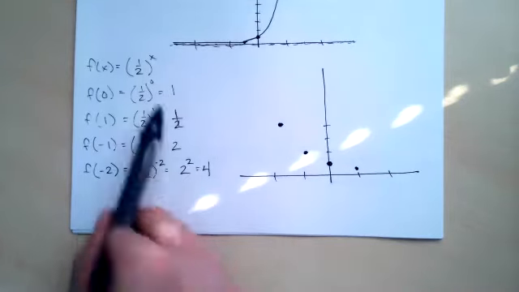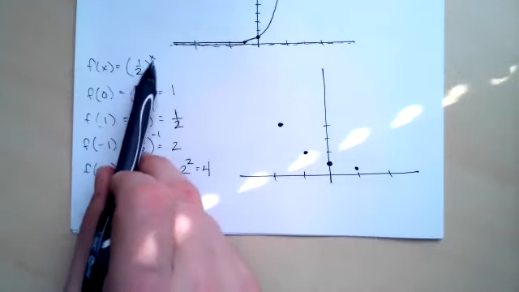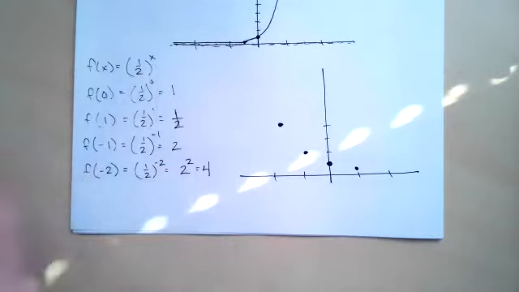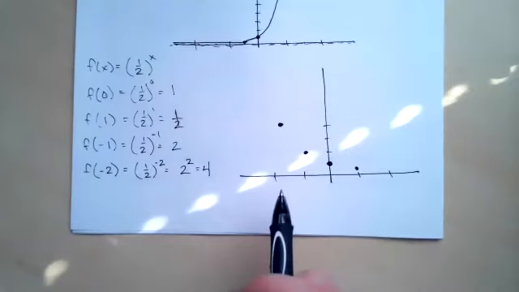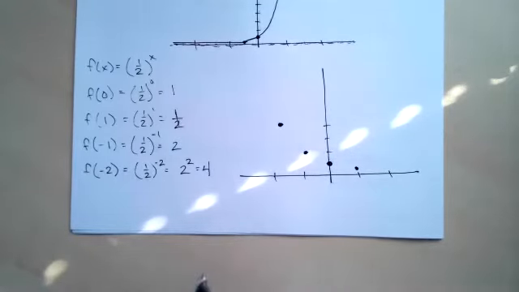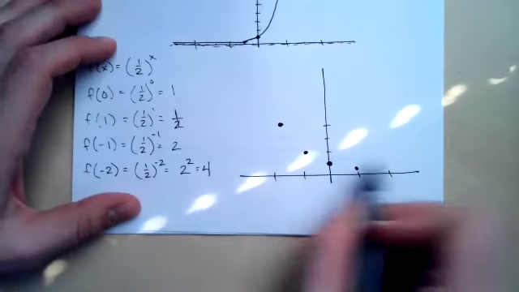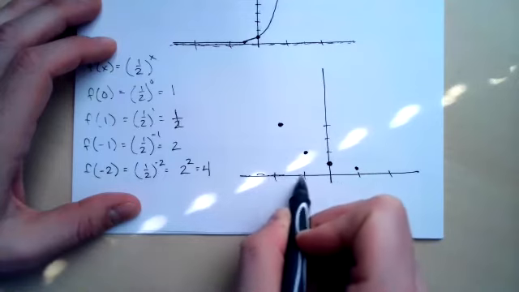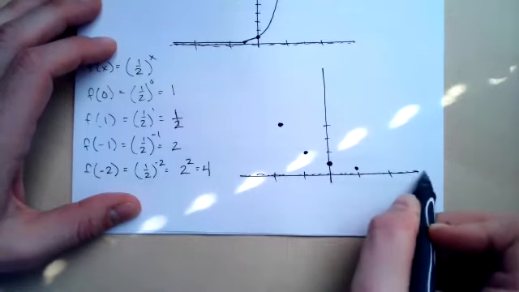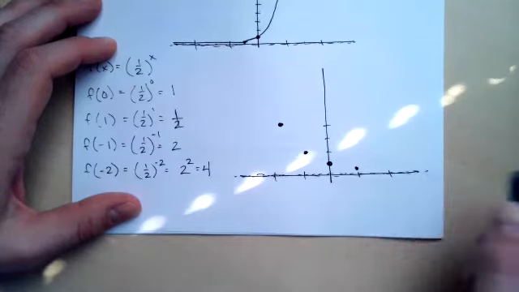And now we're going to see what's going to happen as x gets bigger and bigger. It'll just be 1/2 to a higher power. So I'm just taking 1/2 and multiplying it more times by itself. Every time I multiply 1/2 by itself another time, it's just going to get smaller and smaller. So we're going to decay. We're going to approach 0, but we'll never cross it. So we've got this horizontal asymptote still on the x-axis.